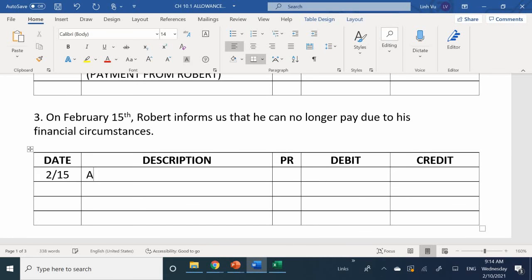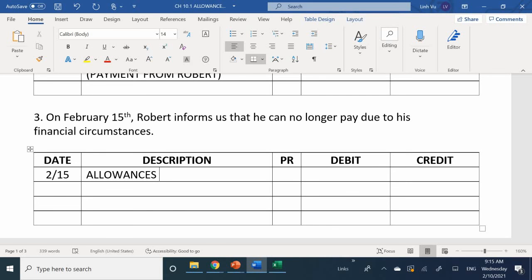We're going to debit the allowance for doubtful accounts because he informs us exactly when it happened, right? But that doesn't mean he just says, "Oh, forgive me. I can't make this monthly payment because of my financial circumstances." So we're like, "Okay, that doesn't mean he's gone for good. That just means he cannot make this payment now."